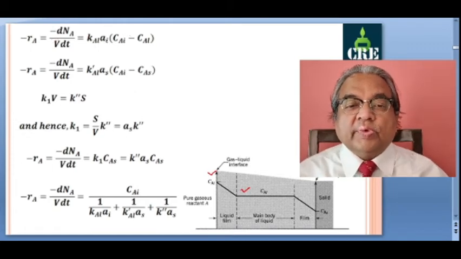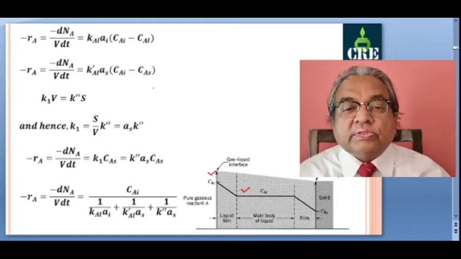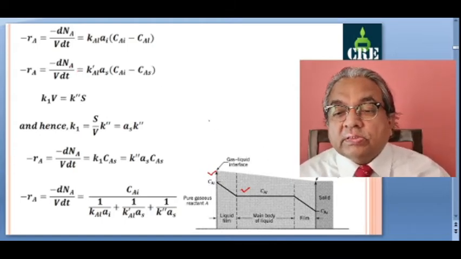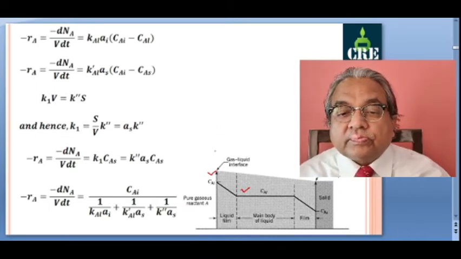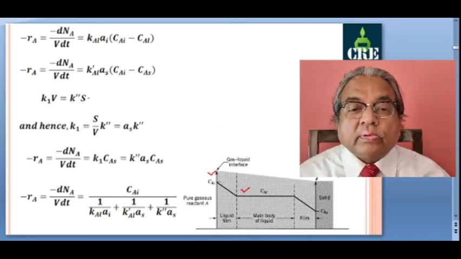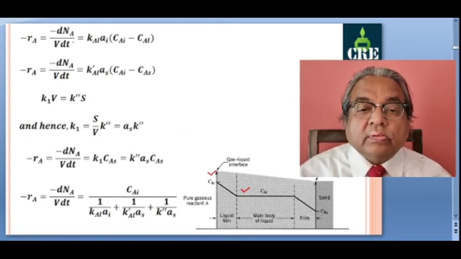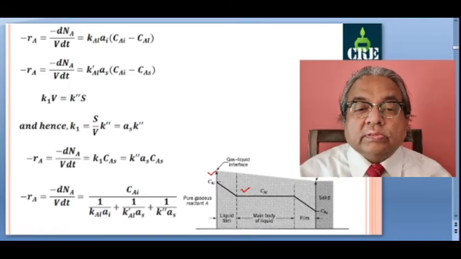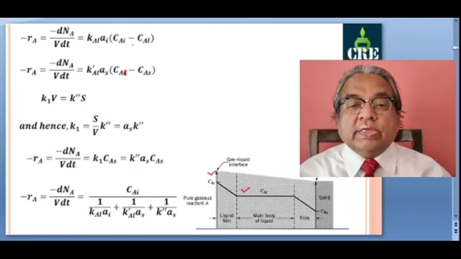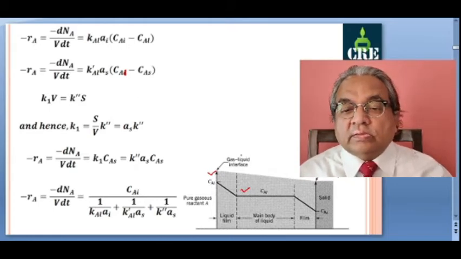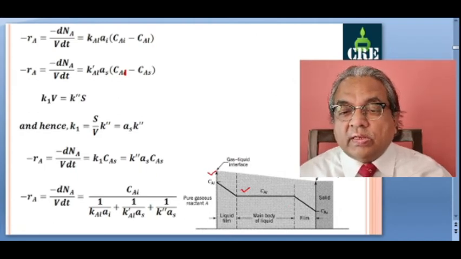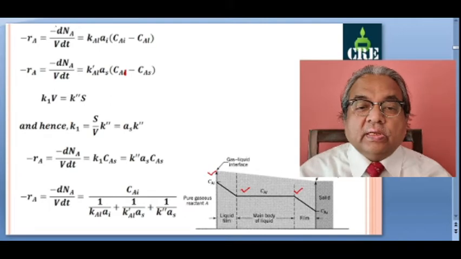So we have to take the volumetric mass transfer coefficient. Then here CAI minus CAS. Here this is L. CAI minus CAL. This is CAL. This is CAL minus CAS. CAL minus CAS.